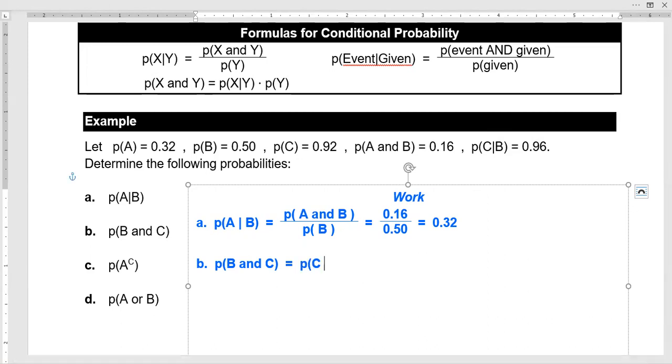So we have the probability of C given B times the probability of B. Notice that the given condition is the same as the one that I end up multiplying by. The probability of C given B was 0.96, and the probability of B was 0.5.